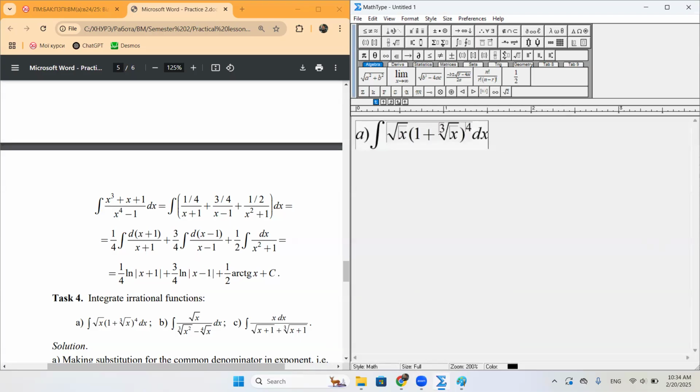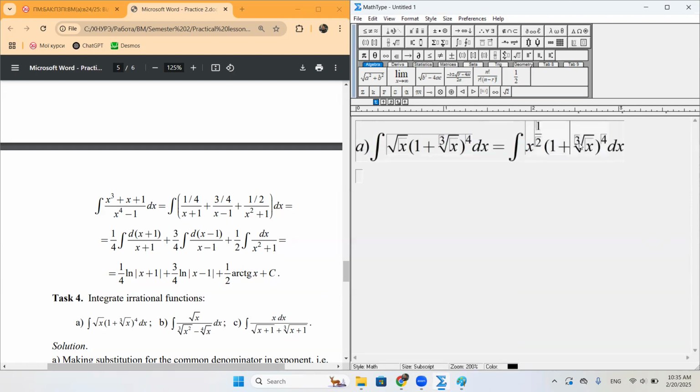Okay, so we need to make a substitution. We need to rationalize this integral. So let's rewrite it in powers. So x in power of 1 second, and here x in power of 1/3.